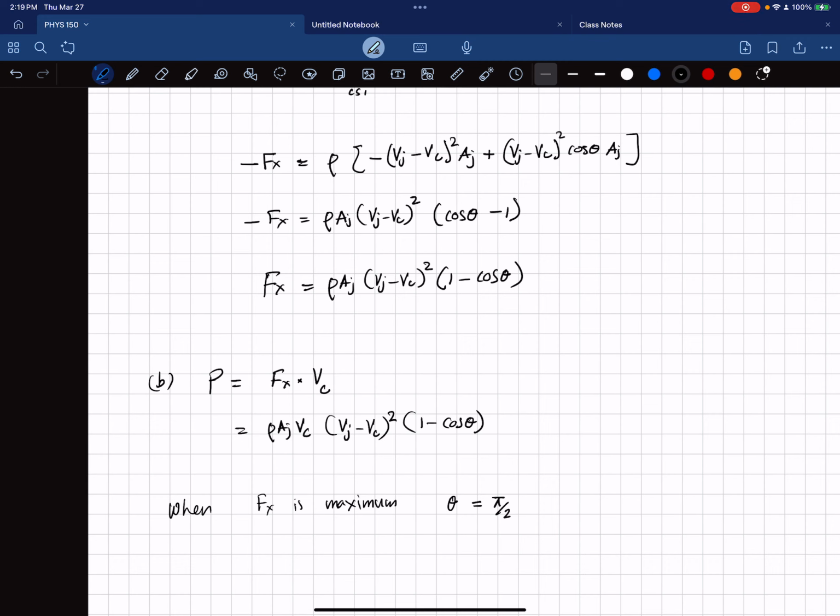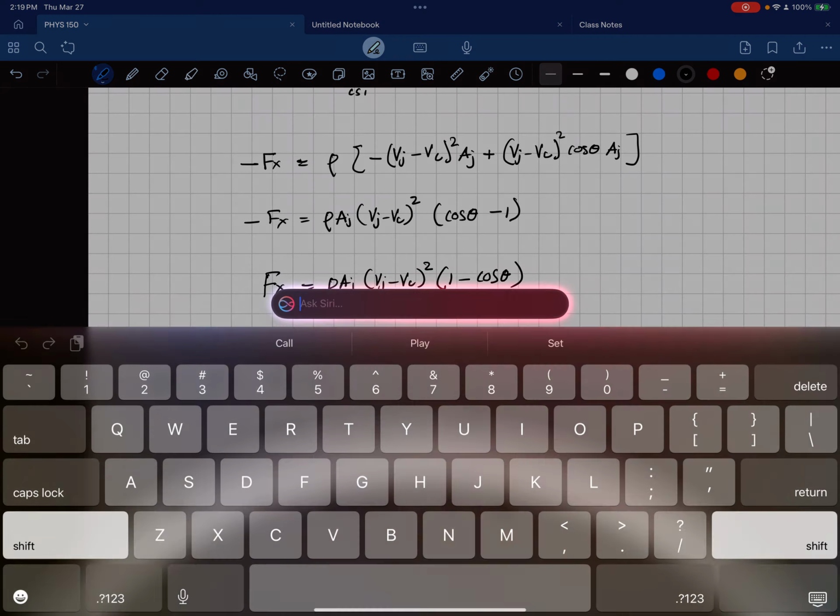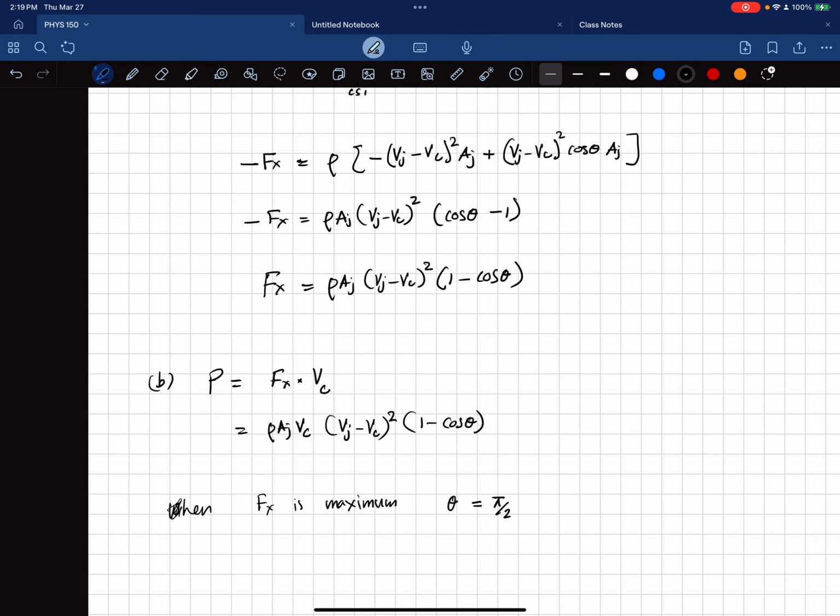So okay, we need to find the derivative. They don't ask for the angle, but the velocity. So for this to be maximum, assume that rho Aj is a constant, and let's say theta is also constant. Then the only thing that changes with the cart velocity is this.